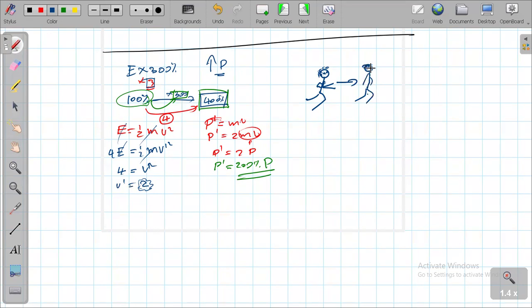Your timing, your capacity, your look, everything you have to improve. The only person you have to compare yourself with is who? In the world, you have to compare yourself with only one person.